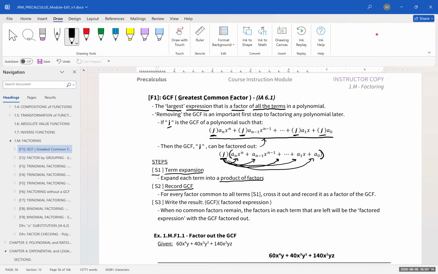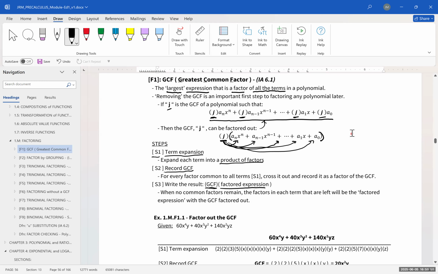For every factor that's common to all terms in the previous step, you want to cross it out and record it as a factor of the greatest common factor. Step three is to write the result, the greatest common factor times the factored expression. When no common factors remain, the factors in each term that are left will be the factored expression with the greatest common factor factored out.